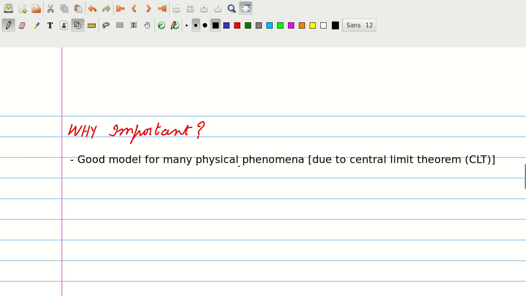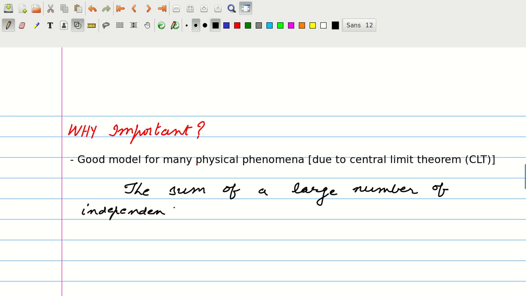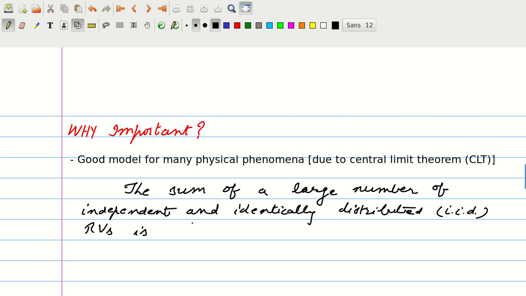We will formally look at the central limit theorem in a separate module, but broadly it states that the sum of a large number of independent and identically distributed random variables, frequently written as IID, is Gaussian.